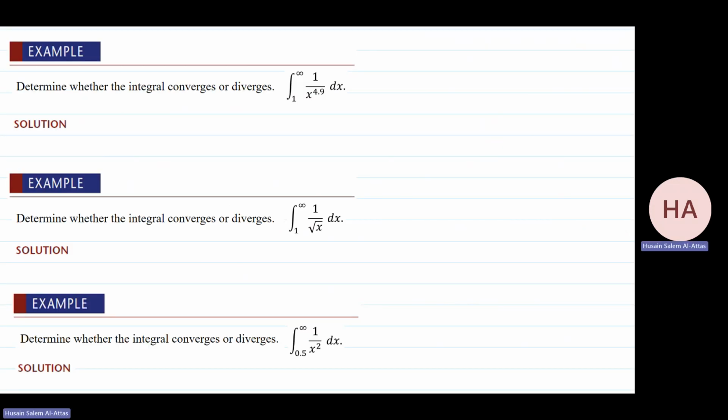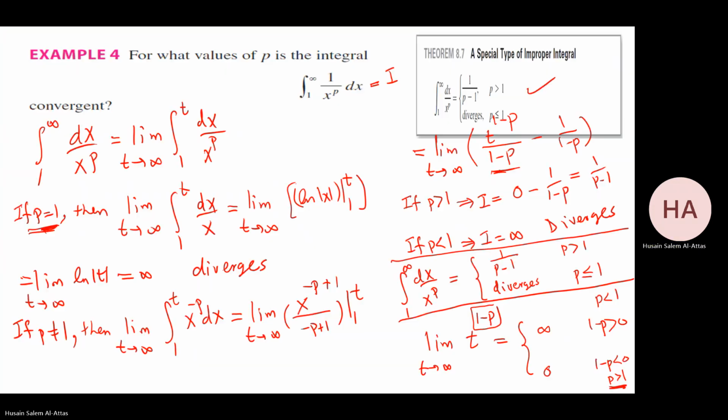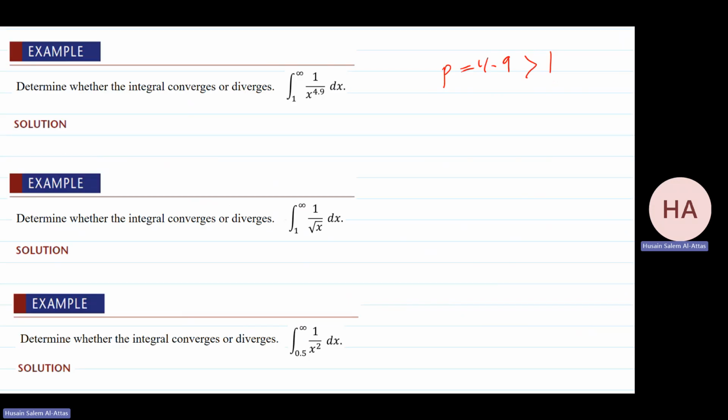Now, this is just quickly. P is 4.9, greater than 1. Yes. So what is the answer? Right away, 1 over p minus 1, which is 1 over 3.9, which is 10 over 39.